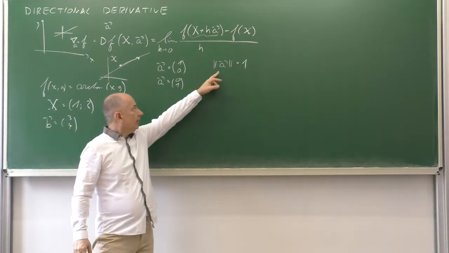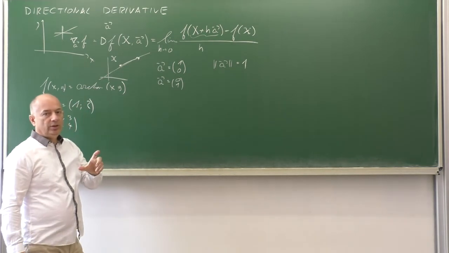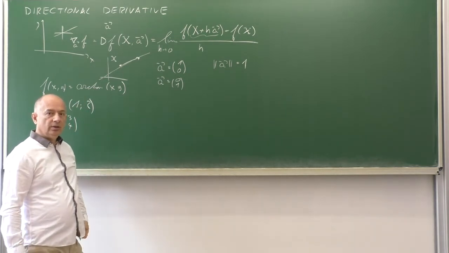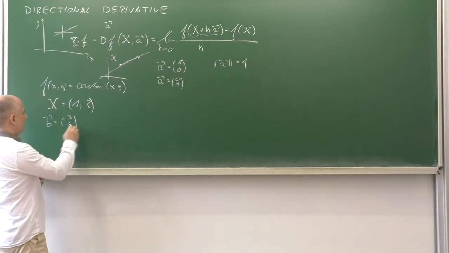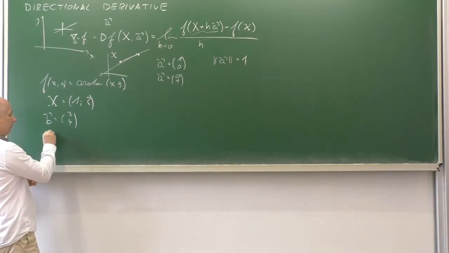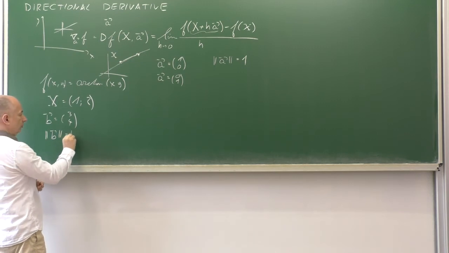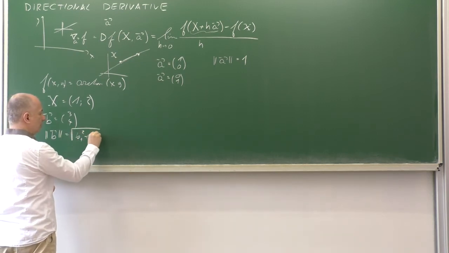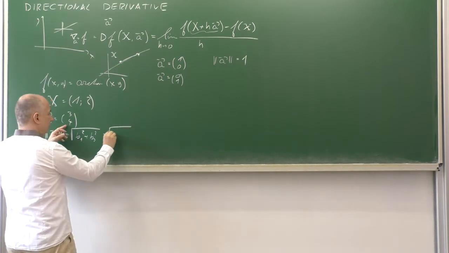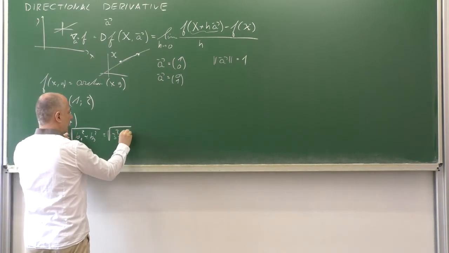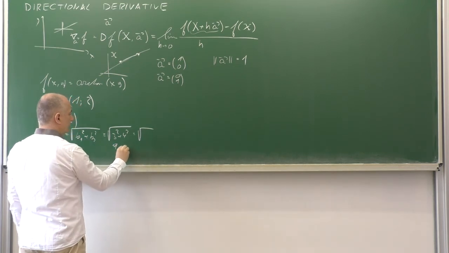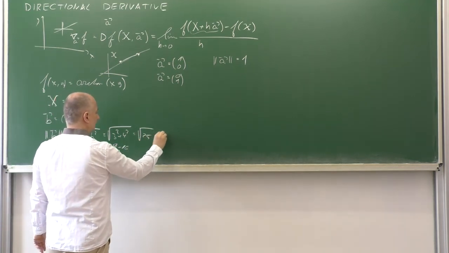So we want a vector A, which is parallel to B in the same direction and orientation, but with the unit norm. So first we compute the norm of B, which is the square root of B1 squared plus B2 squared, which is 3 squared plus 4 squared, which is 9 plus 16, which is 5.